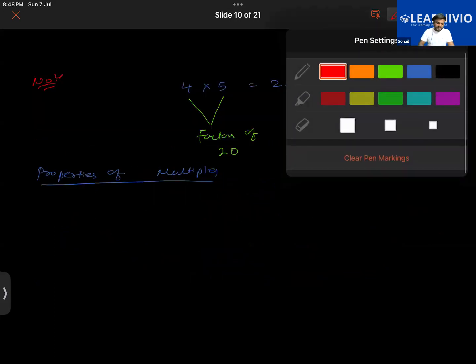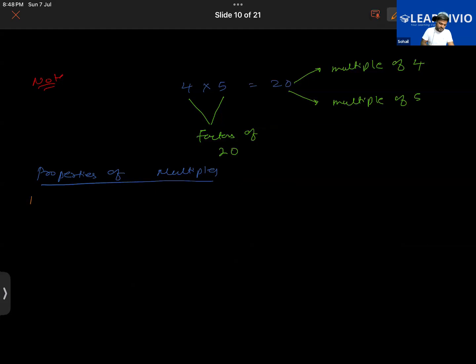So the two properties which I told you so far: the first property, the multiples of a number are unlimited. I will give you time to write this down.